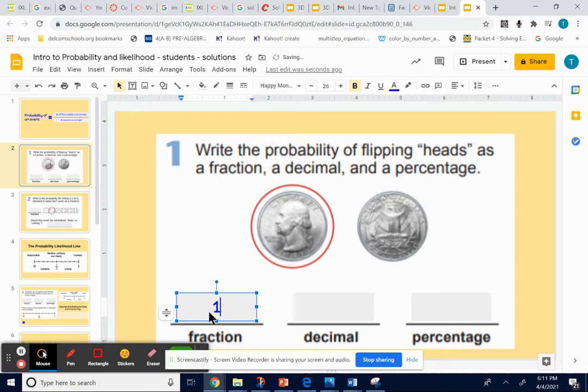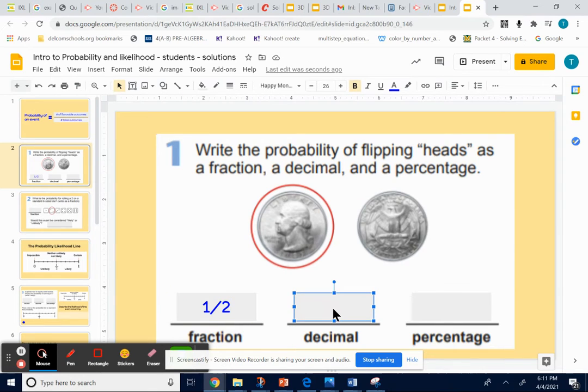So one heads, that's the favorable. Two total outcomes, because when you flip a coin, it could be heads or tails. So we're going to take that probability of 1/2. We have a 1 out of 2 chance of flipping heads.